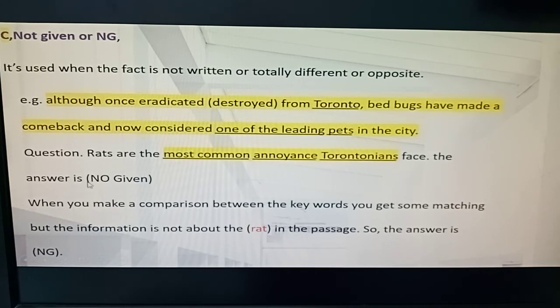So the answer should be not given, meaning the information about the rat is not given in the passage. When you compare the keywords, you get some matching, but the information is not about the rat in the passage. So the answer is not given, or NG.